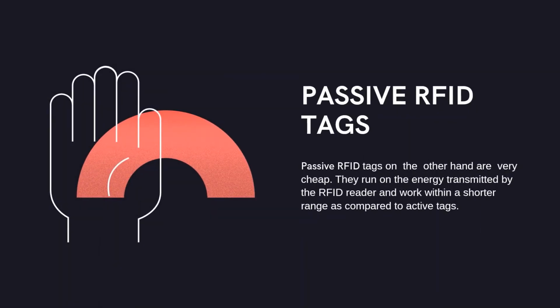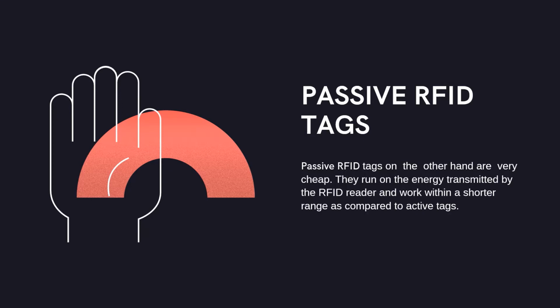Passive RFID tags. Passive RFID tag systems use tags with no internal power source and instead are powered by an electromagnetic energy transmitted from an RFID reader. Passive RFID tags are very cheap compared to active RFID tags.